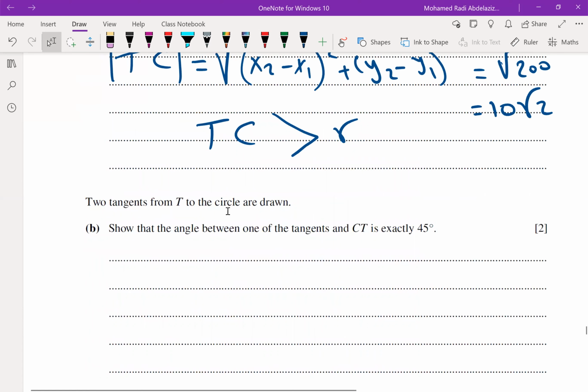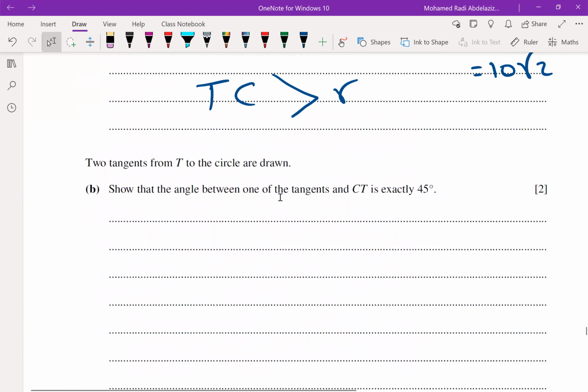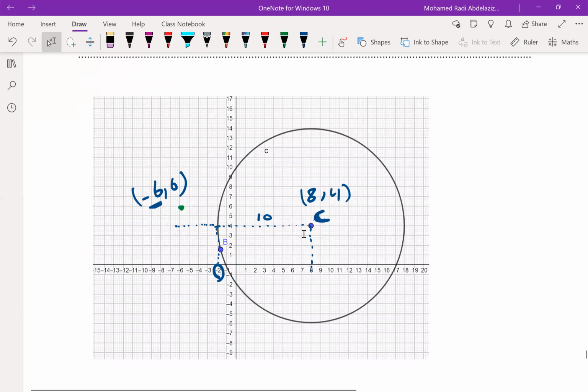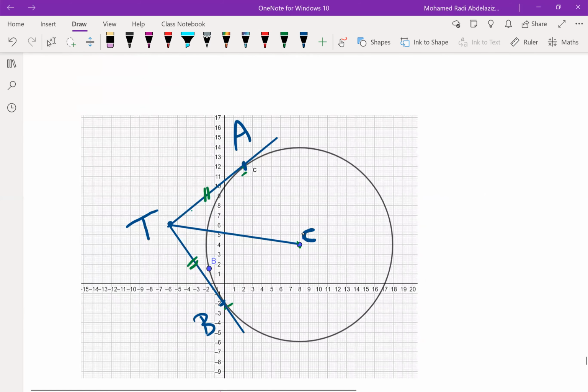Two tangents from T to the circle are drawn. Show that the angle between one of the tangents and CT is exactly 45 degrees. How to show that the measure of this angle is 45 degrees? If you take only one triangle, look at this triangle. The tangent and radius are at 90 degrees. BC is a radius, which is 10. And from part A, we already have the distance TC, which is 10 root 2.